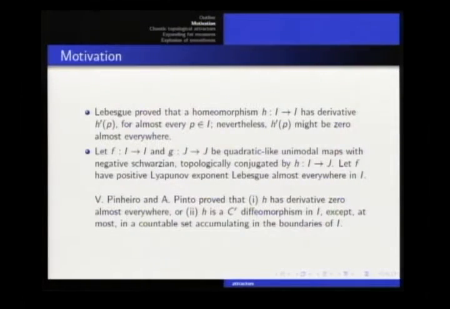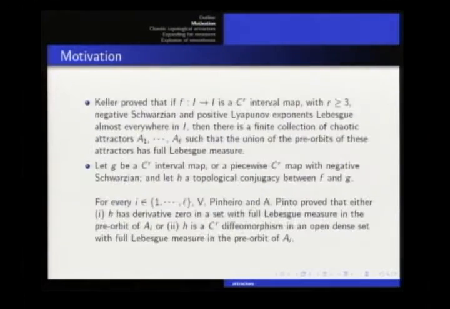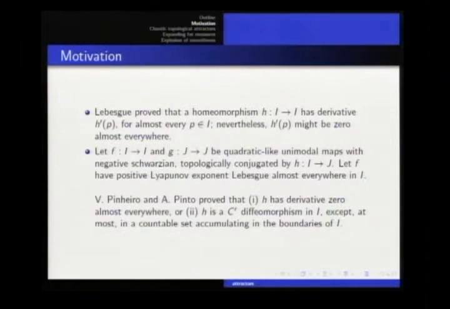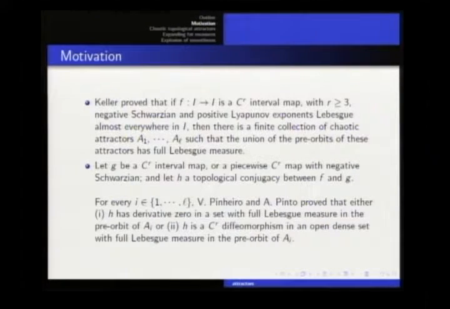So what I'm presenting is work that I'm doing at the moment with Wilton Pinheiro from Bahia, Salvador. Here we use a result of Lyubich, in fact, to get our result. So this result is a natural extension.